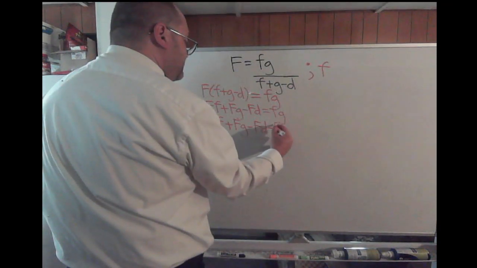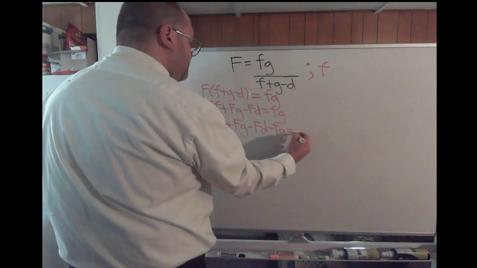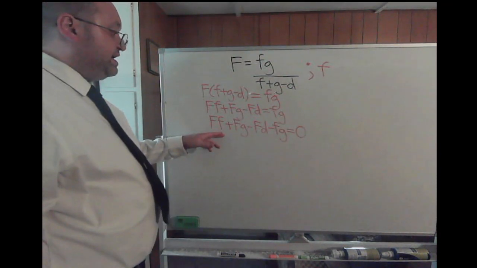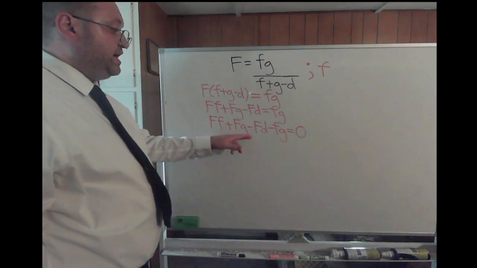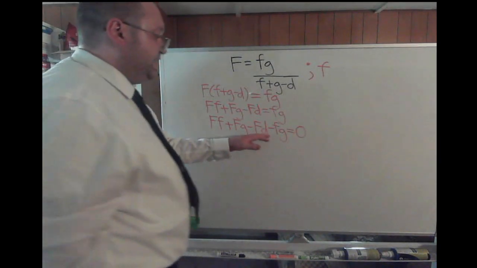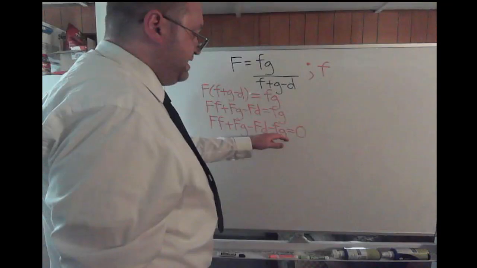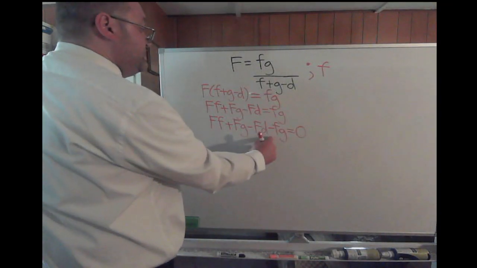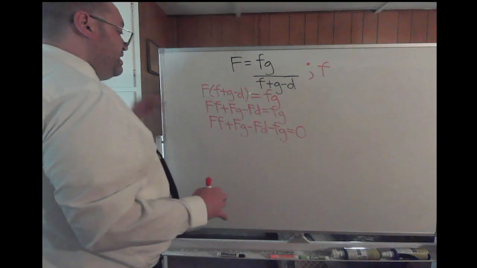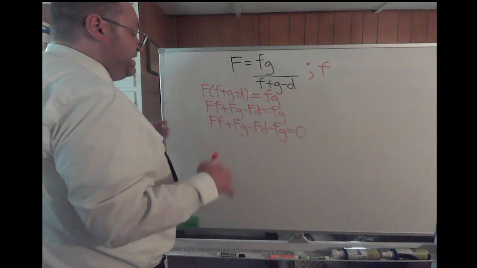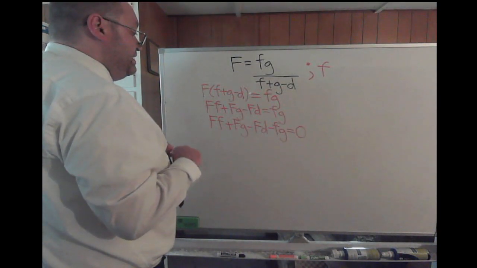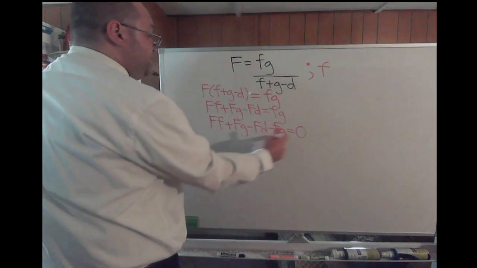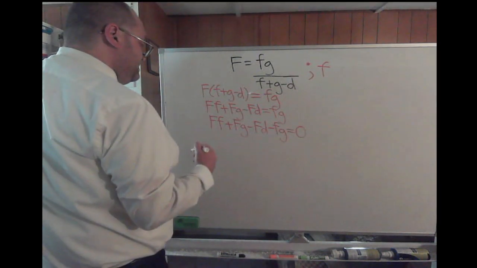So we have to subtract lowercase fg from the left side also. So you'll get uppercase F lowercase f plus uppercase F lowercase g minus uppercase F d minus lowercase fg equal to 0. Now we have the lowercase f's on the same side, because ultimately we're going to want to factor it out. Now if I were you, I'd move the uppercase Fg and the uppercase Fd over to the right side.